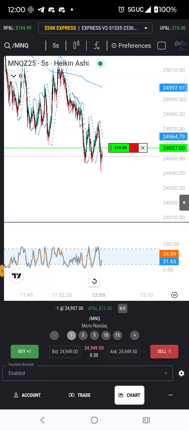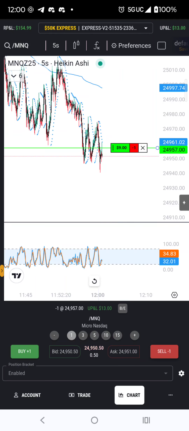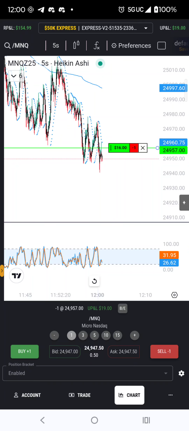I say heavy profit only because of the distance. Now again, we're in micros, so we can relax in it. But comfortable playing this game.